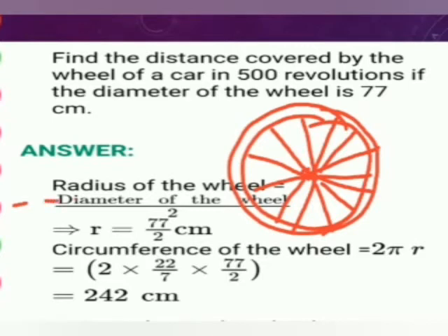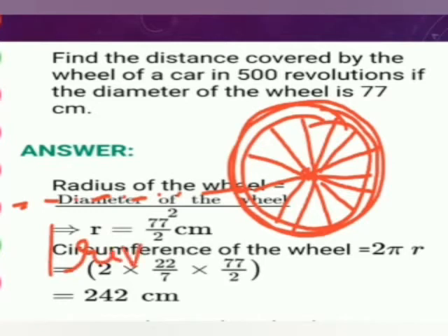The distance covered by this wheel in one revolution will be equal to the circumference of the circle. Meaning when it starts moving from one end to another end, this will be equal to the circumference of the circle. So the distance covered by the wheel in one revolution will be equal to the circumference of the circle.